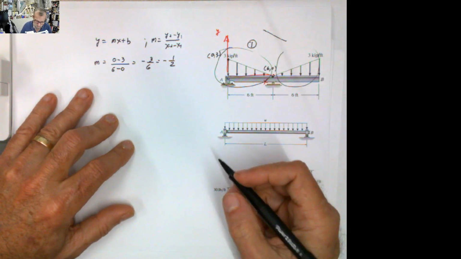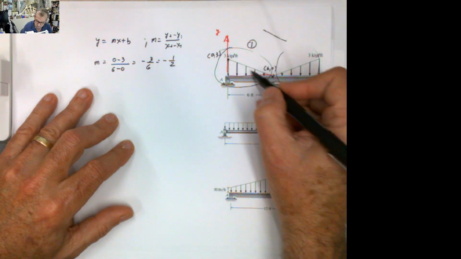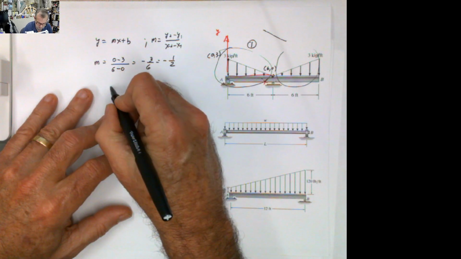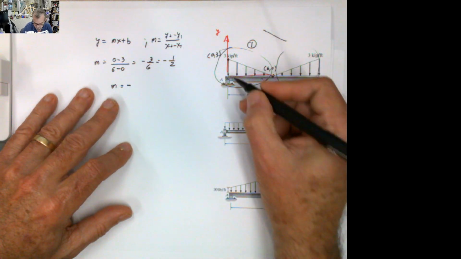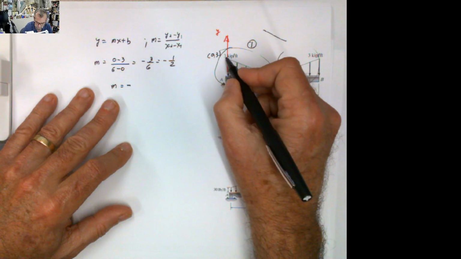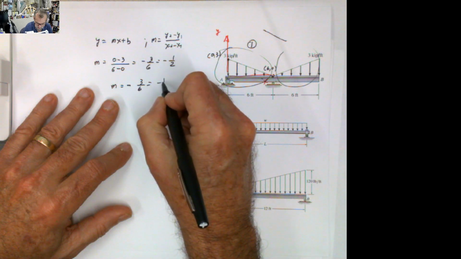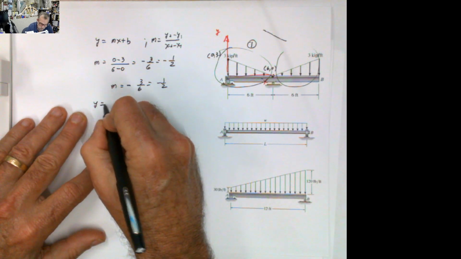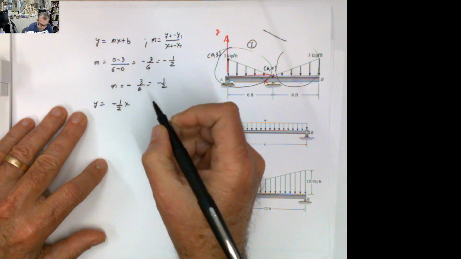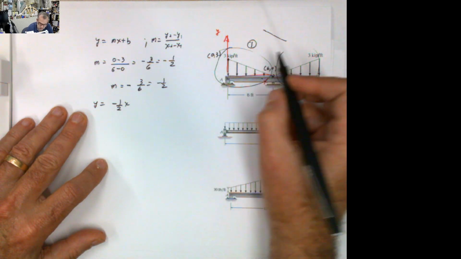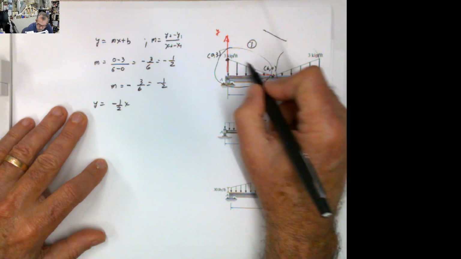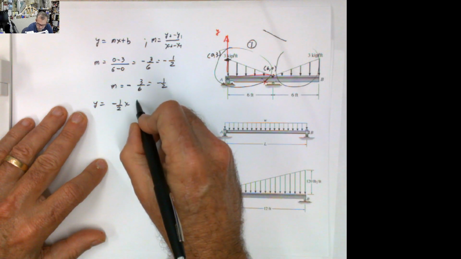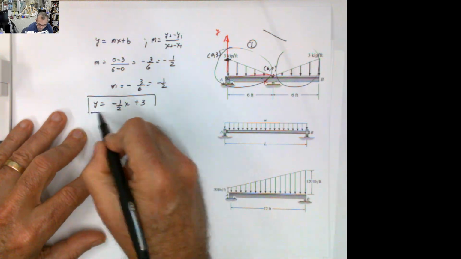Or you can just say, okay, my slope is going to be negative because it goes this way, and you do rise over run, 3 over 6, negative 1/2. Once you have the slope, the other part you have to recognize is the y-intercept. Y equals negative 1/2 x, slope times x, plus the y-intercept. The y-intercept is the point where the line cuts the y-axis, and this point is 3. That will be your equation for that load.